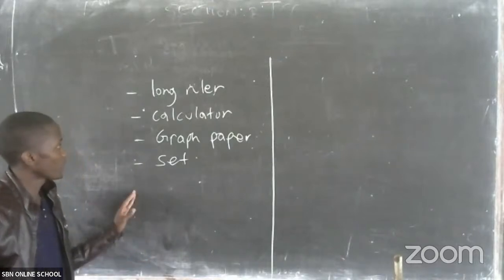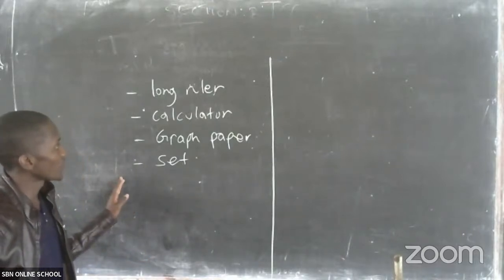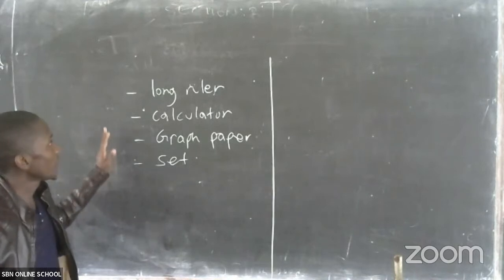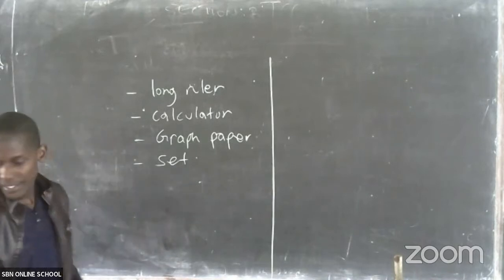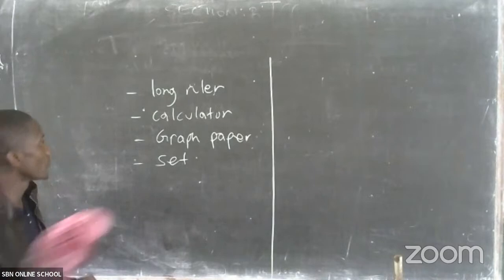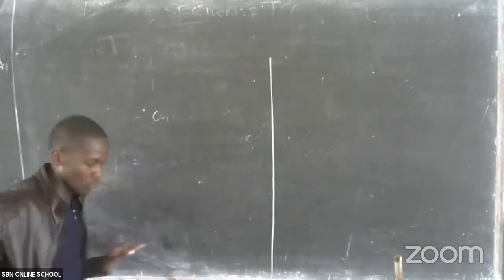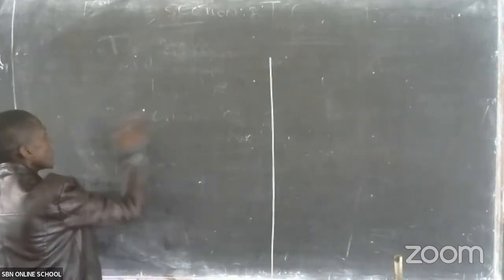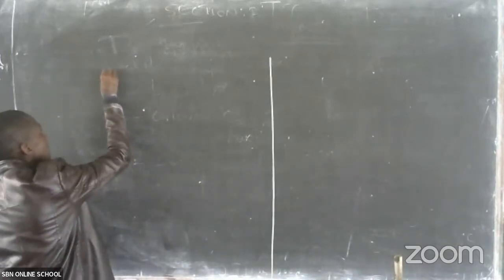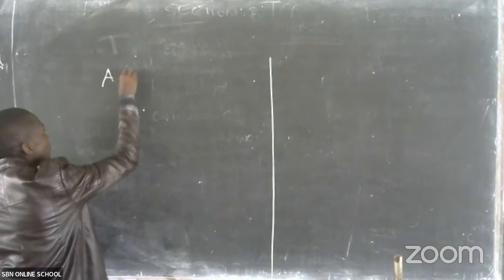Now, after seeing which equipment we need, the next thing we are going to do is divide the blackboard into two. Here, we are going to take a line graph.